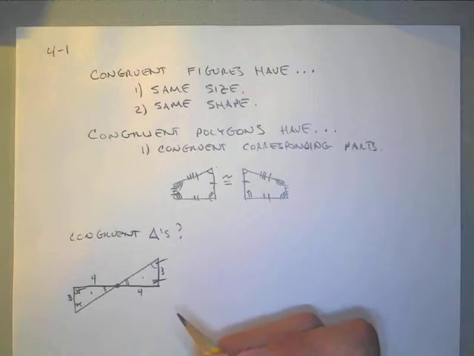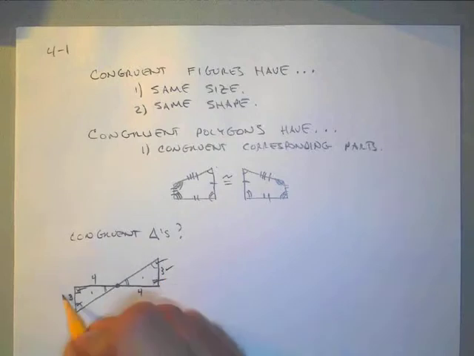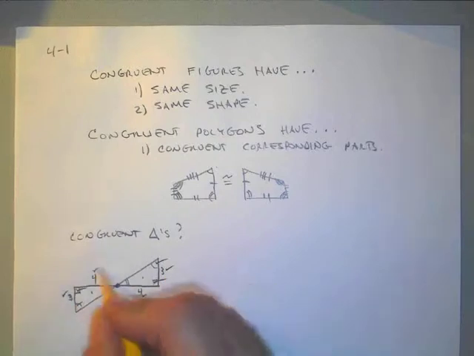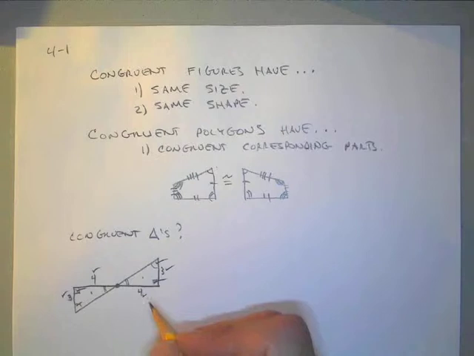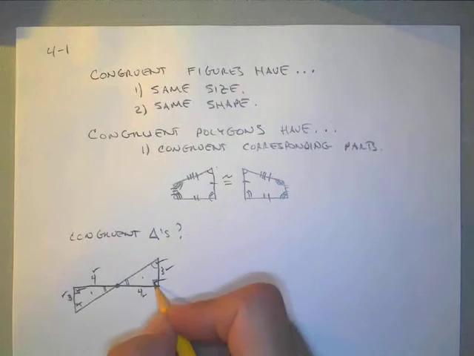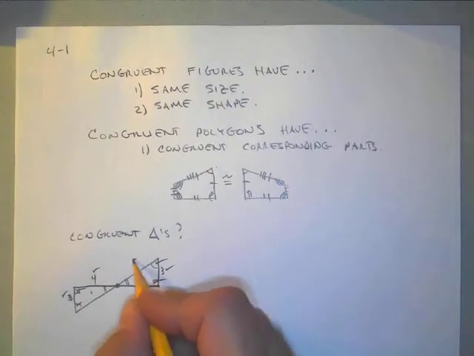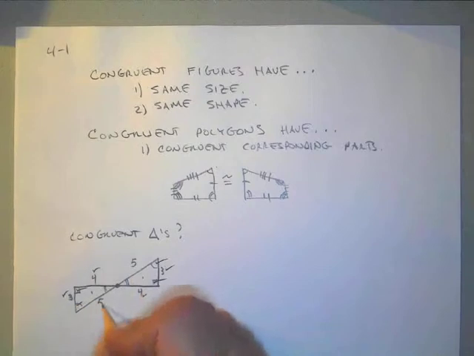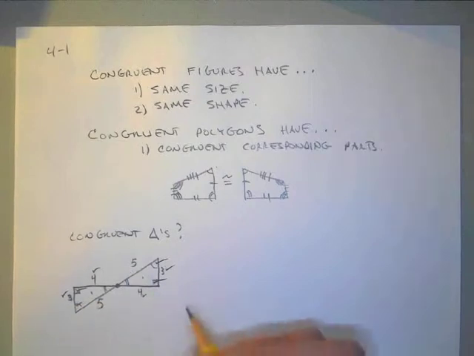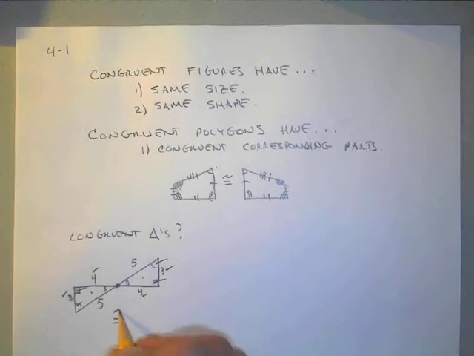Very good. So all the corresponding angles are congruent. Let's check the sides. Well, we have 3 and 3, 4 and 4. Those are all corresponding and congruent. This was right triangles, so 3, 4, 5, 3, 4, 5. The hypotenuses are corresponding. These two triangles are congruent because all the corresponding parts are congruent.